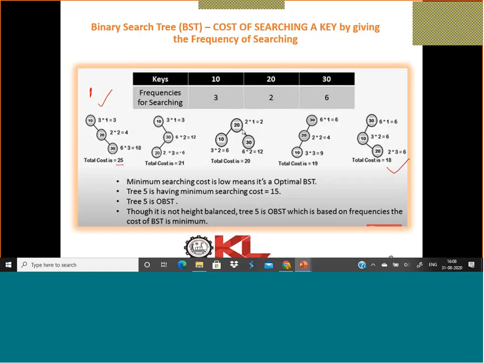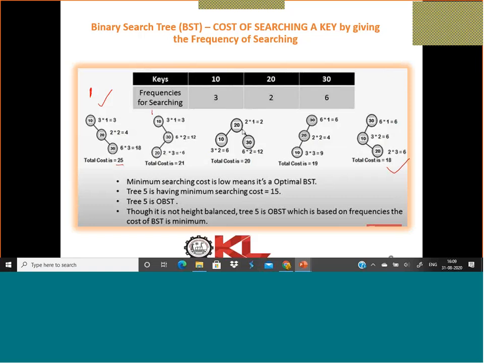The second one is also only one comparison. For the third one, how many comparisons are required to tell that 5 is not there? First I compare with 20, and 5 is less than 20, so I go to the left subtree. Again I compare with 10, so I go to the left subtree, but for 10 there is no left subtree.